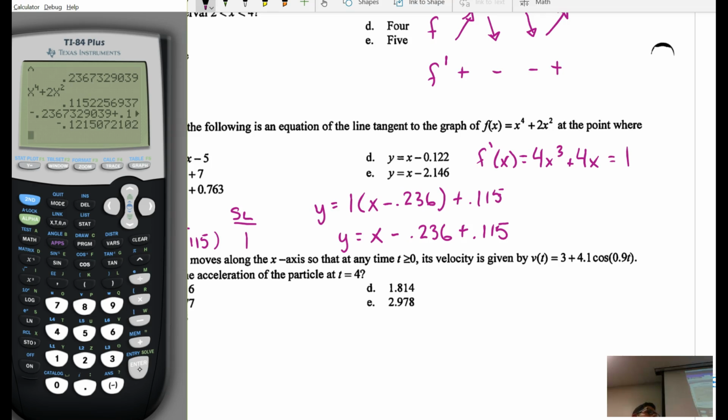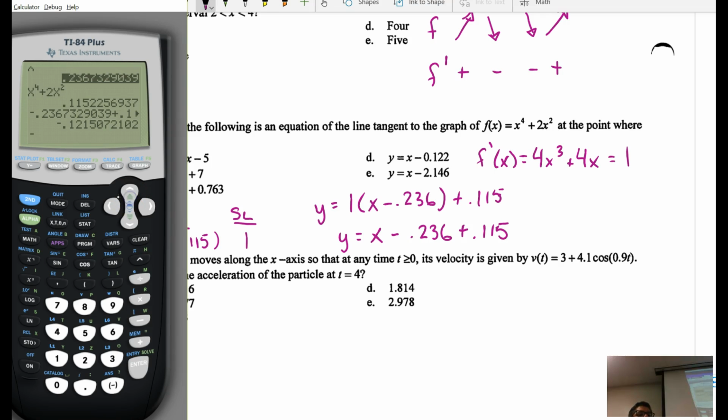Probably would be okay to round here for intermediate values, but especially on the free response portion of the test, we don't want to do any intermediate rounding. Yes? I put negative. I want the negative of that 0.236, which also is stored in x.